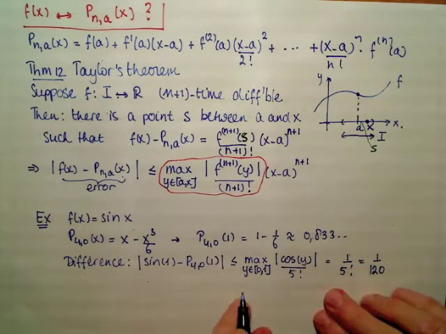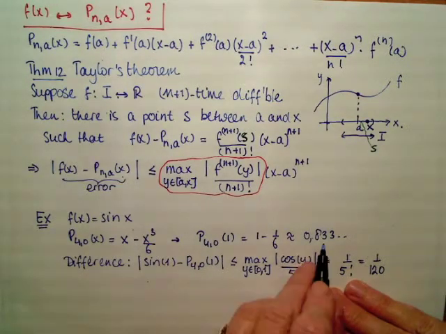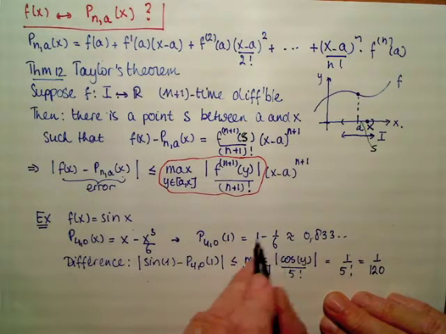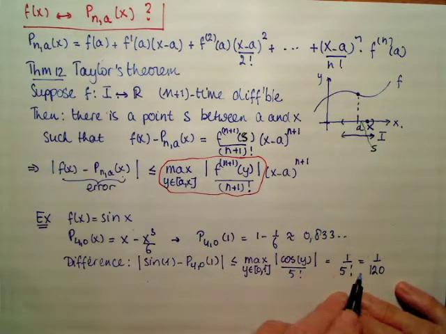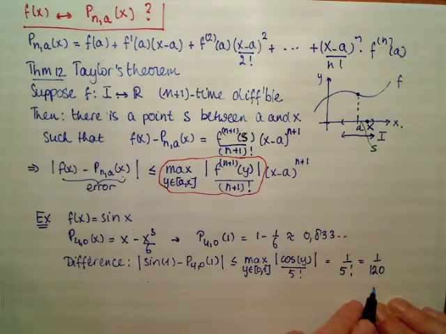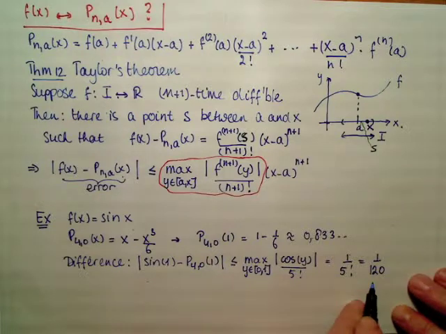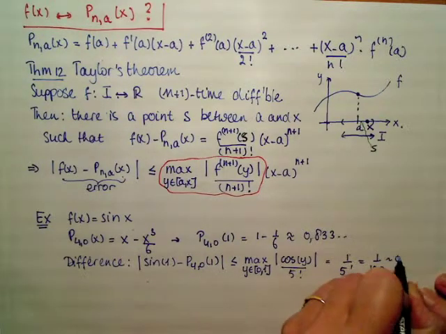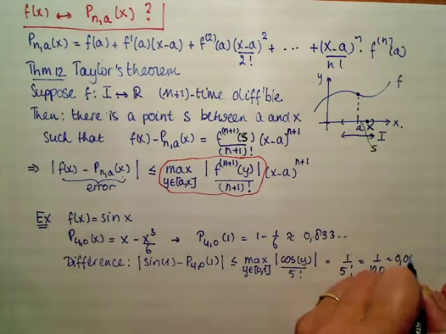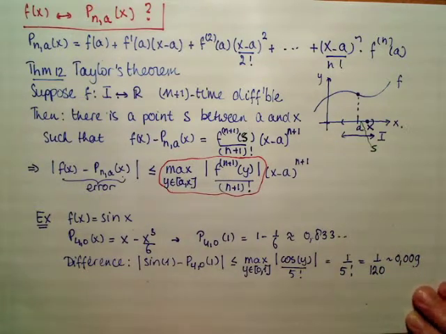So this difference between sine of 1 and the number 5 over 6, 0.833, is smaller than 1 over 120. Well, at least smaller than this.